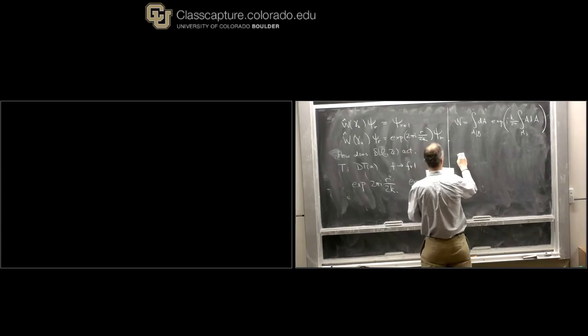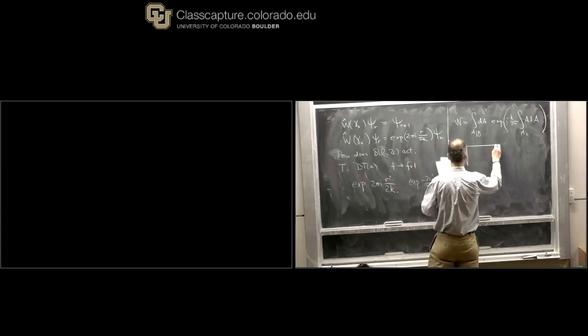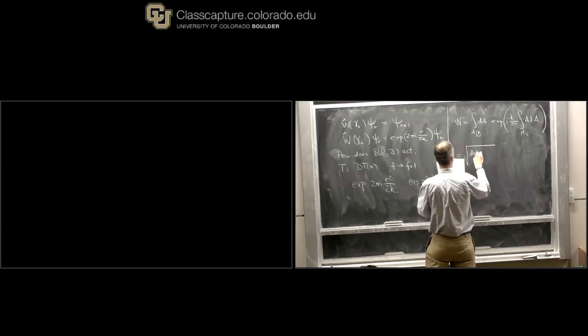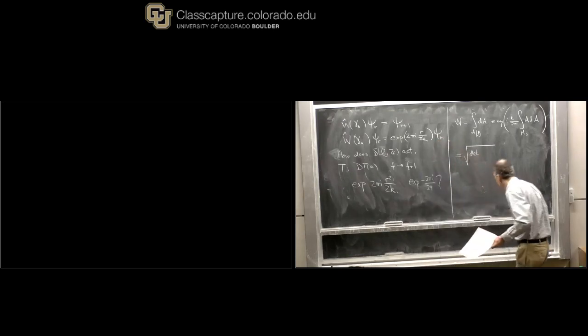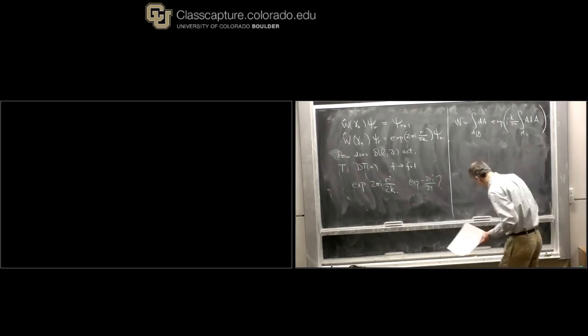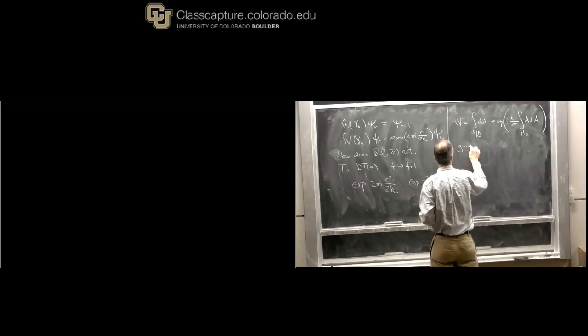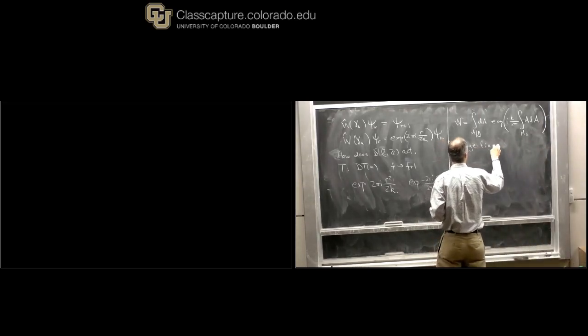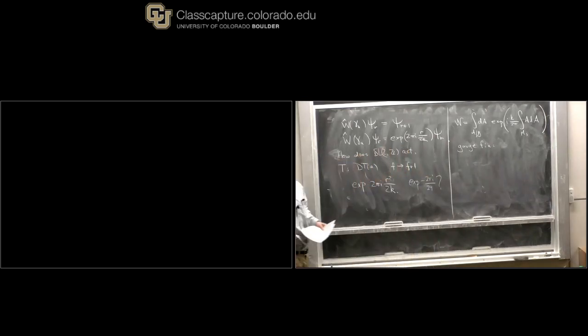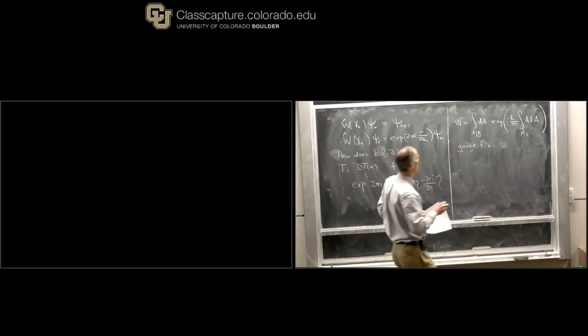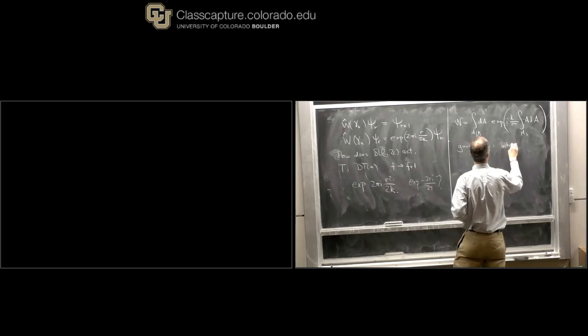So what comes out of this is the square root of the determinant. But there is one very important conceptual point. So now I have to gauge fix. Okay? Now I have to gauge fix. And that means I need to introduce a metric.